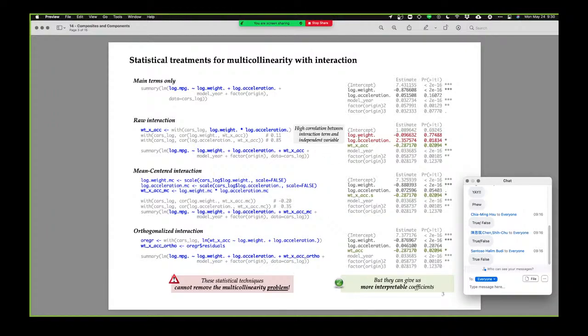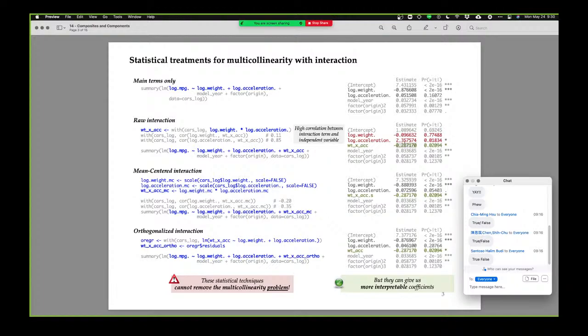When we add this interaction term, we notice that it has an effect of minus 0.28, minus 0.29, something like this, and it's minorly significant, at least at an alpha of 5%.